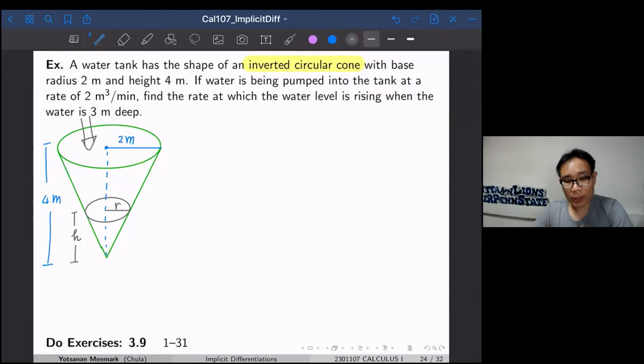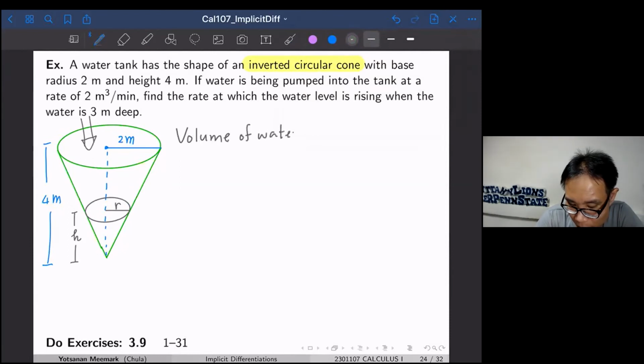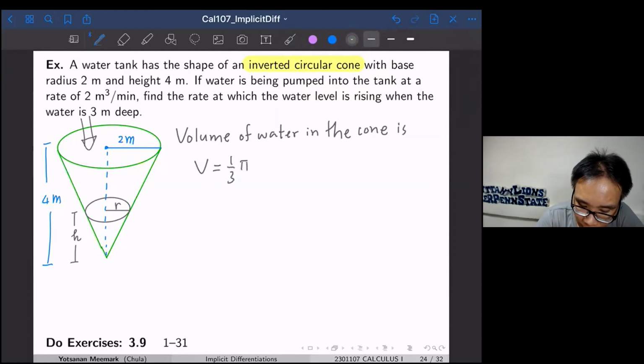And the thing that we know is going to be the volume of the water in the cone, V equal to 1/3 pi r squared h. So this one is the volume of the water in the cone.